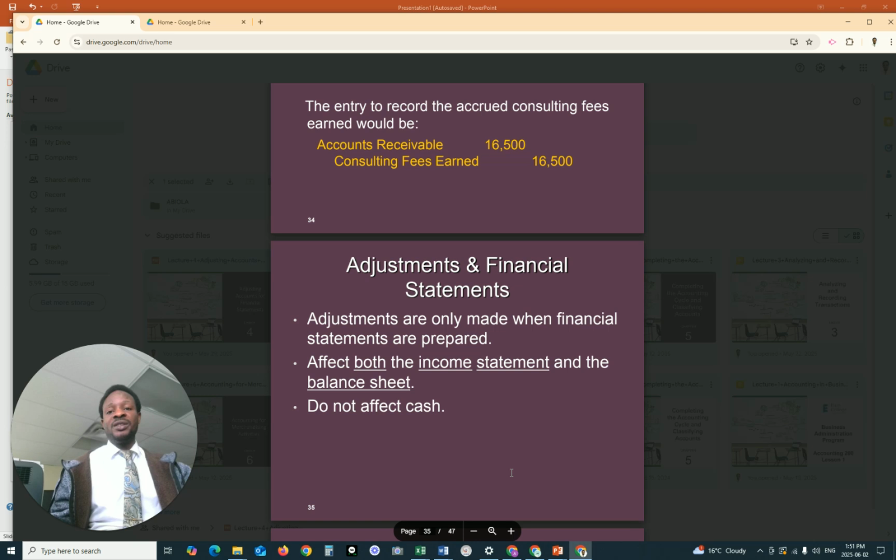Cash is not being paid or received. You are just using up your asset and it is reducing value. Or adjustments through prepayments and accruals, cash is not affected, but the income statement will be affected because the income statement uses the accrual basis of recording. The balance sheet would also be affected because of the adjustments.